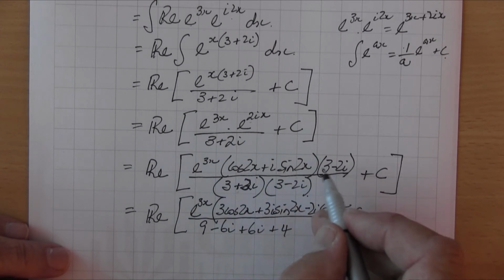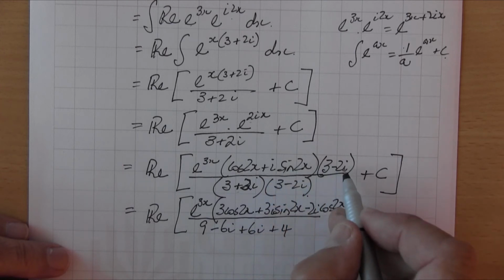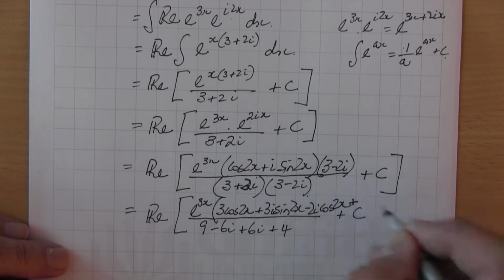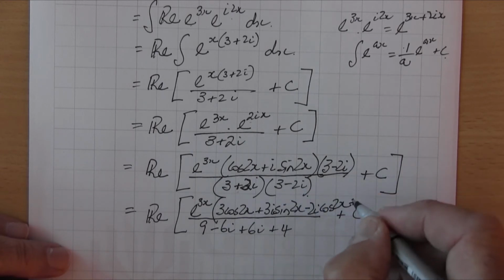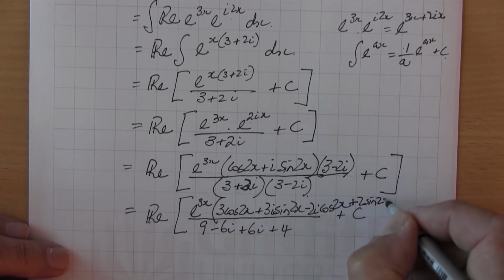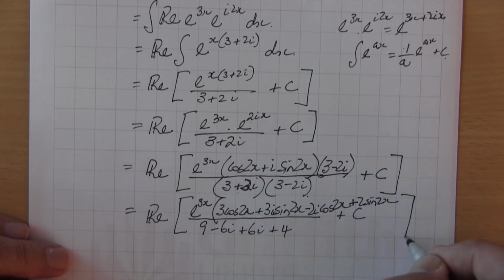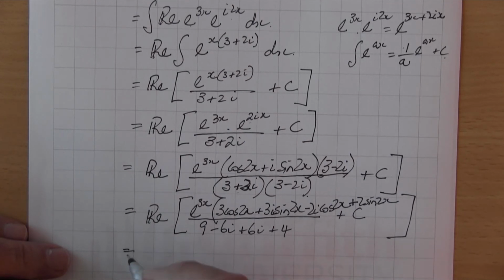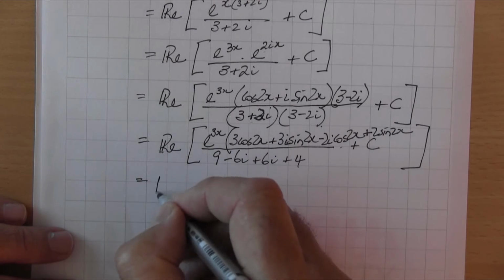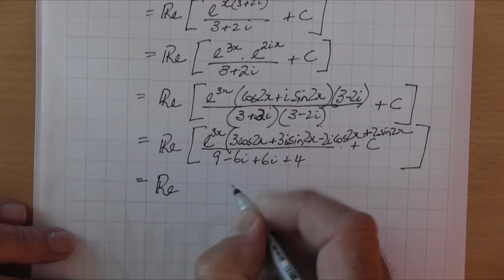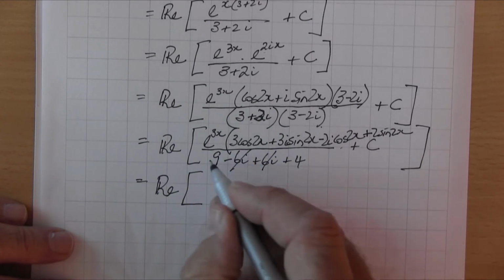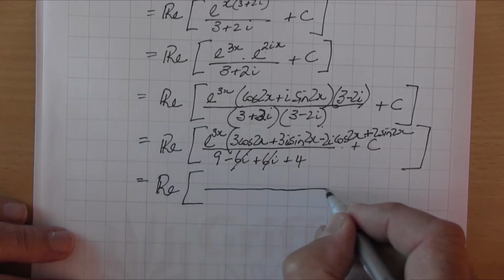Now the negative times a positive will give us a negative, but the i squared will make that back into a positive, so that'll be plus 2 sine 2x. Okay, a little bit messy up there, but anyway, get the idea. The minus 6i plus 6i goes, giving us a denominator of 13 now.